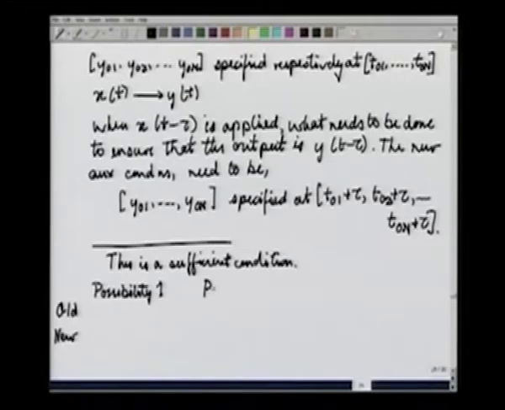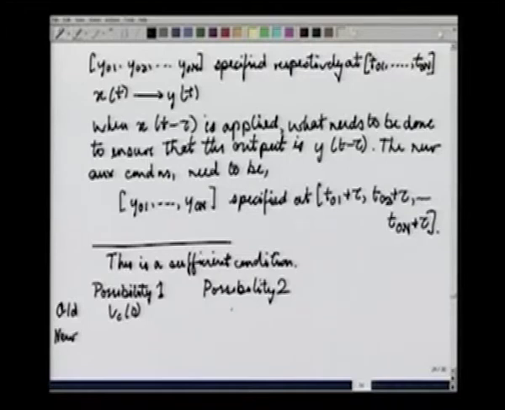Possibility 2. Possibility 1 was that in the old case we supplied Vc of 0.